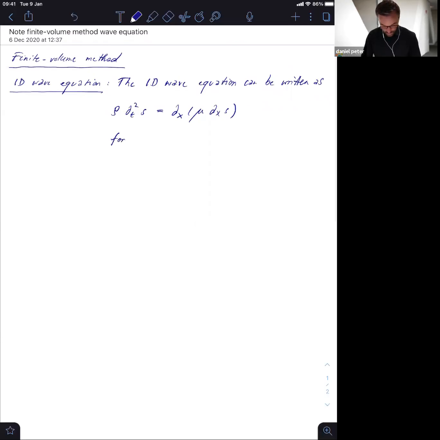So we have displacement S, which depends on position and time, then density, which is a function of position, and so is the shear modulus, or the shear moduli mu.